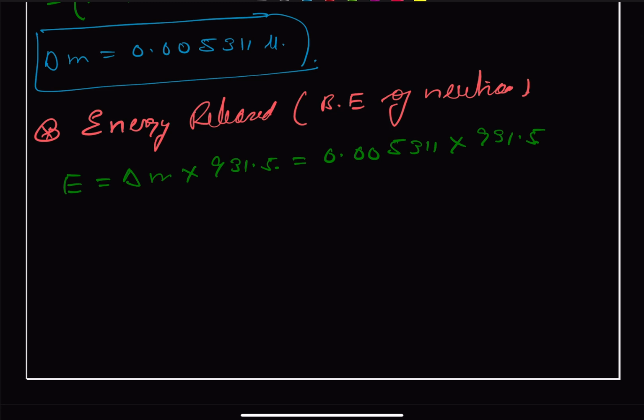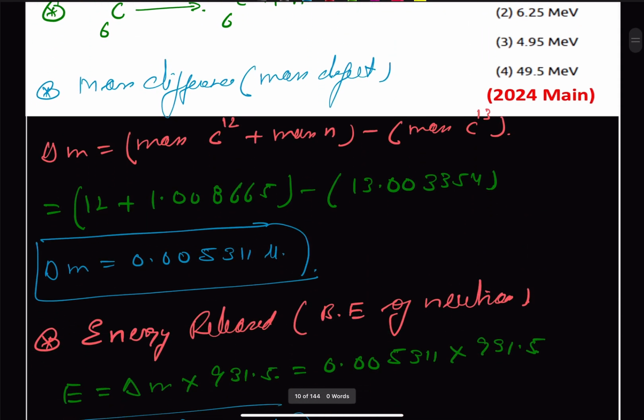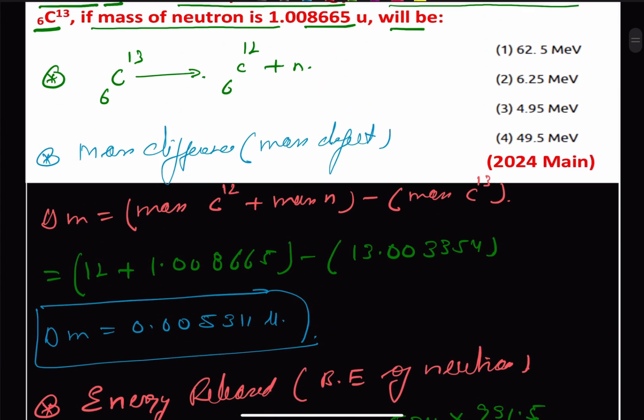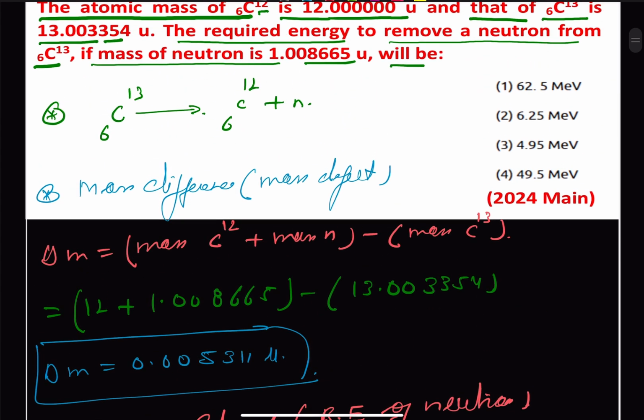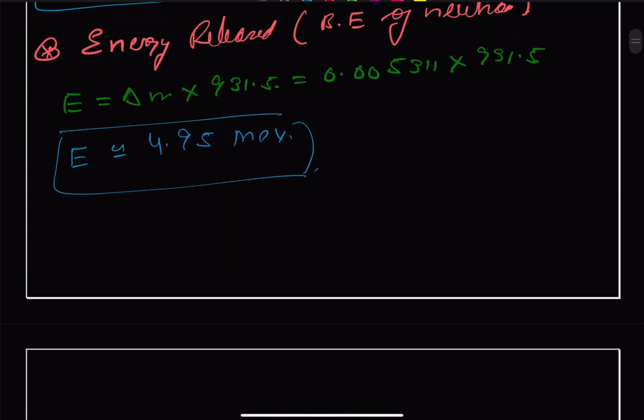This gives us that the value of energy is approximately equal to 4.95 mega electron volt. So option 3 is correct.